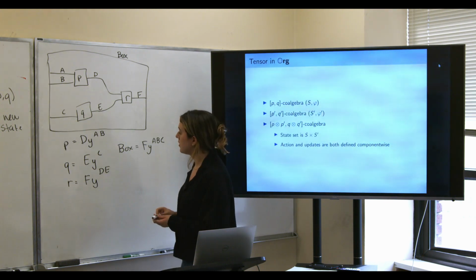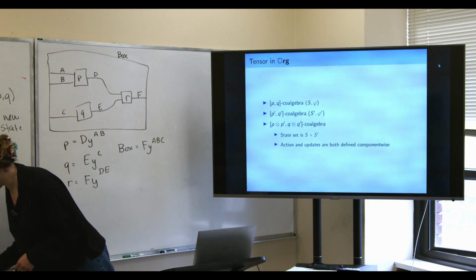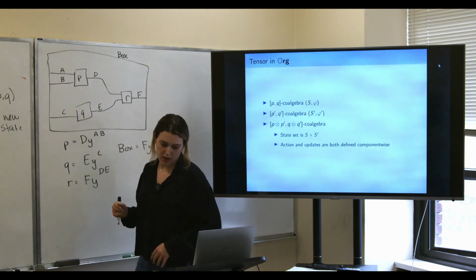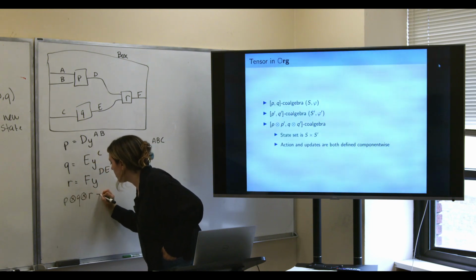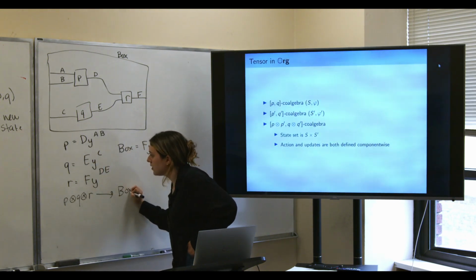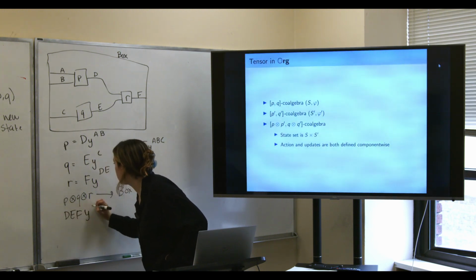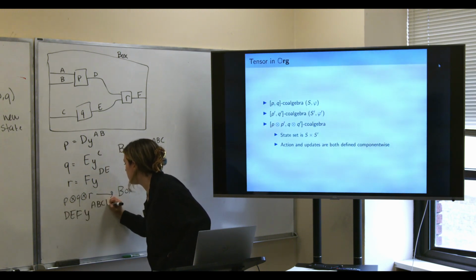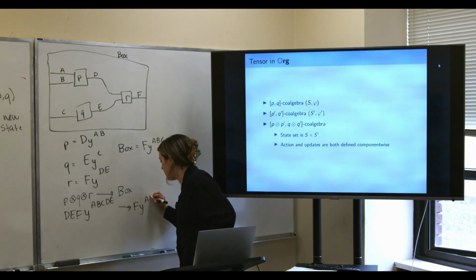So this wiring diagram is going to be a polynomial morphism from P times Q times R to box. So that's to say from Dy to the AB, Ey to the C, Fy to the DE to Fy to the ABC.